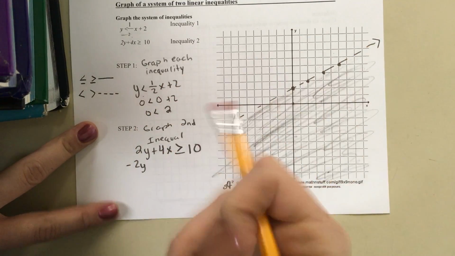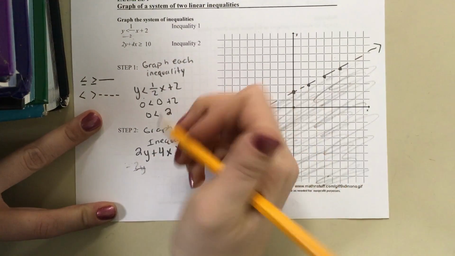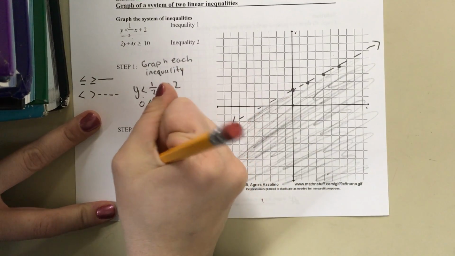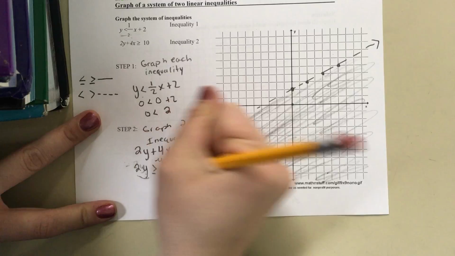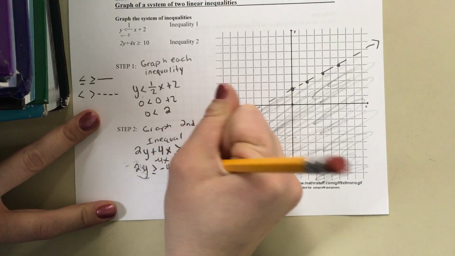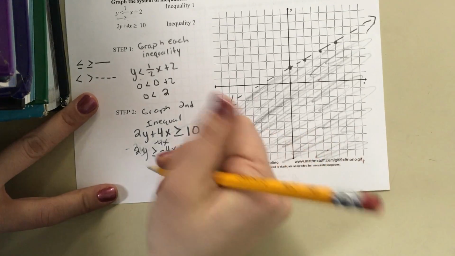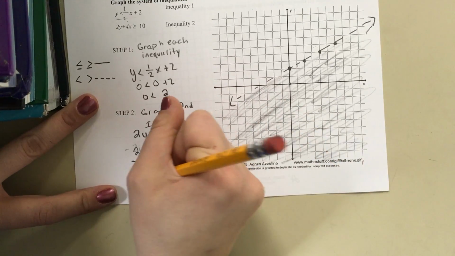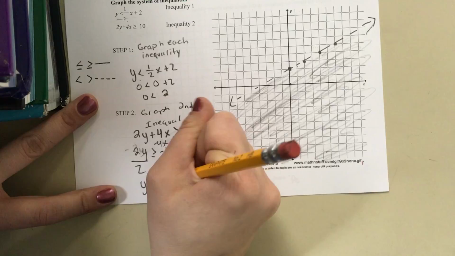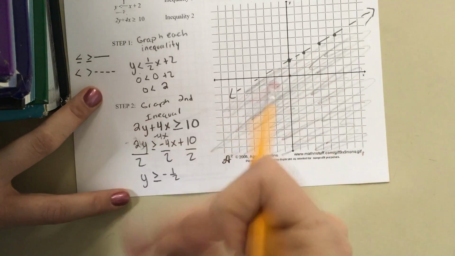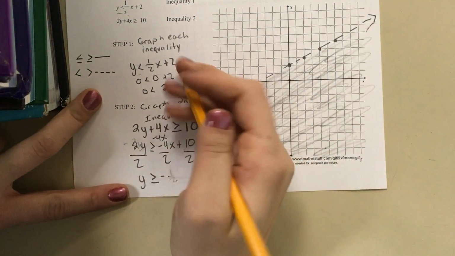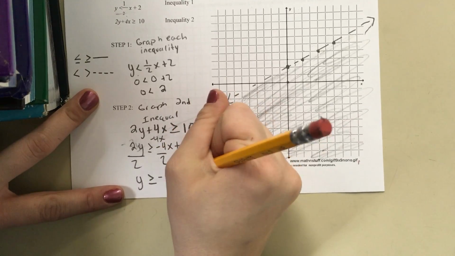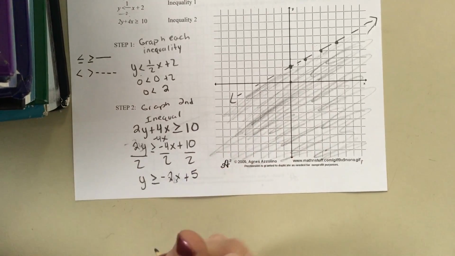I'm going to subtract 4x, and you get 2y is greater than or equal to negative 4x plus 10. Then I'm going to divide everything by 2, and I get y is greater than or equal to negative 2x plus 5.